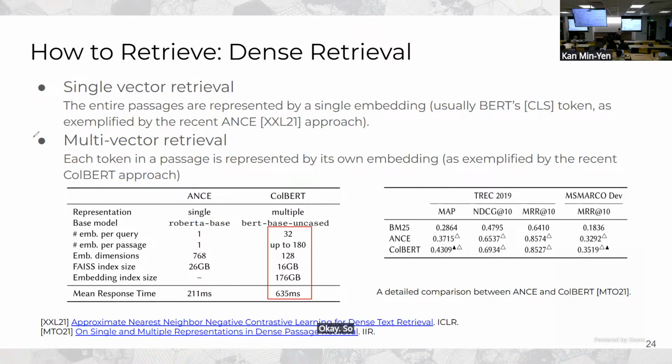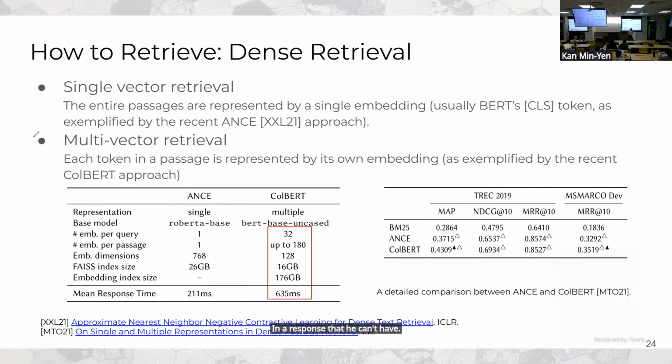That is the storage cost. For latency or mean response time, for the multi-vector case it becomes higher.